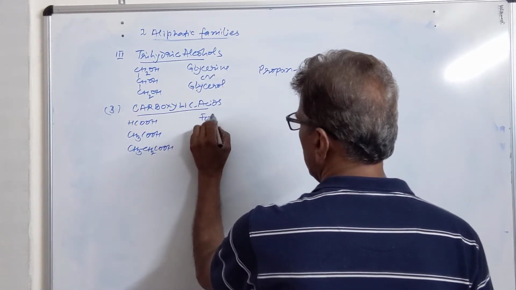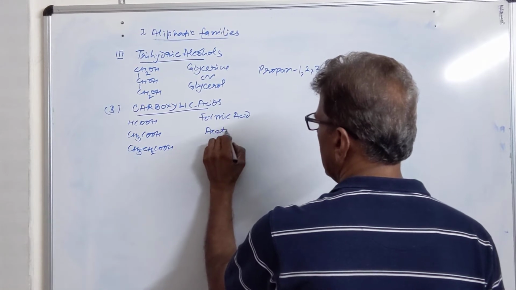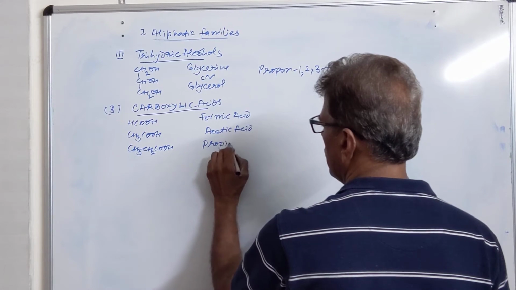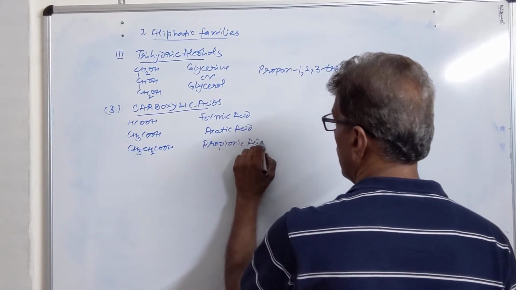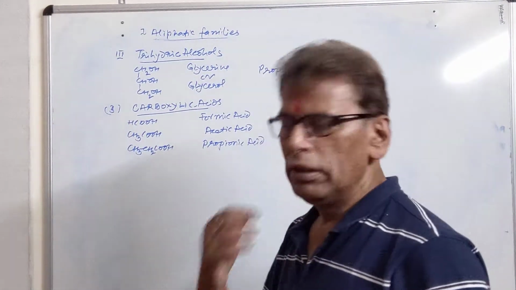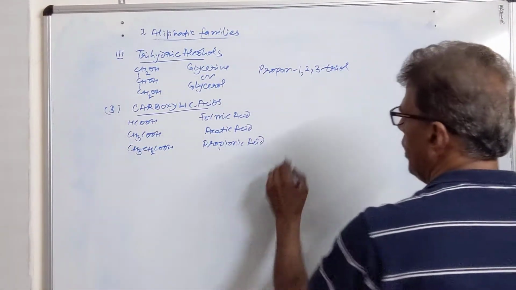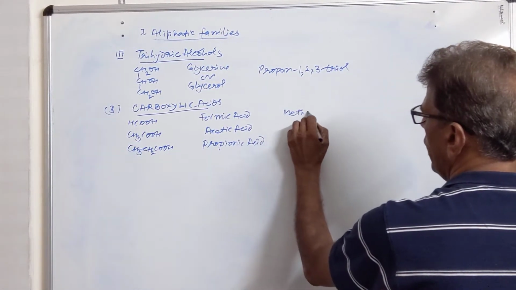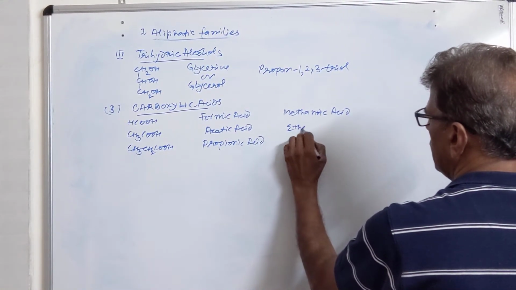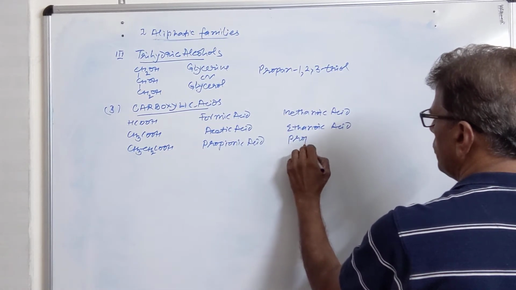Common names are formic acid, acetic acid, propionic acid. IUPAC name: count the carbons and add 'oic acid' after the corresponding alkane. It has 1 carbon, methanoic acid, ethanoic acid, propanoic acid.